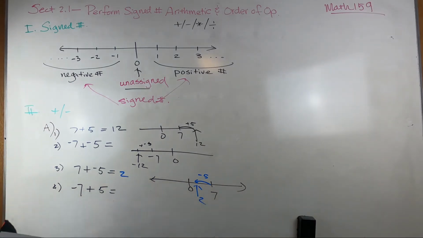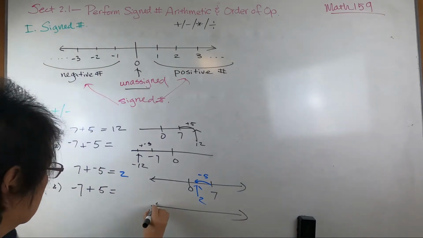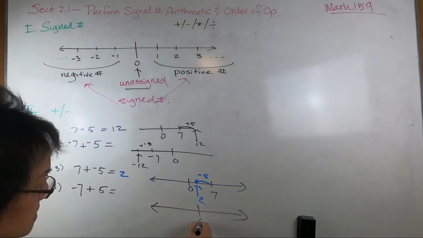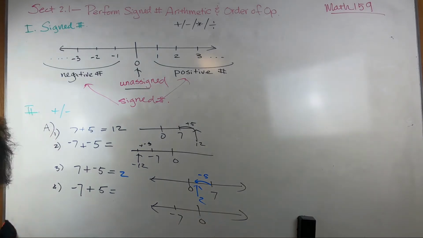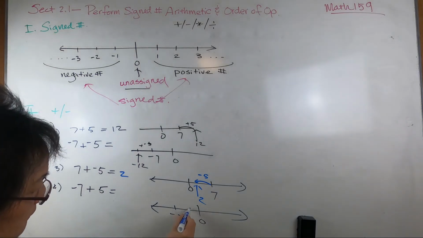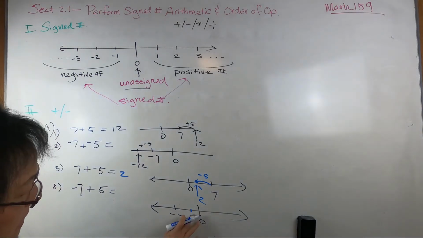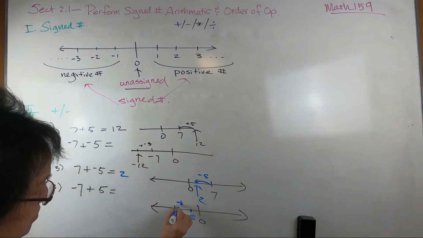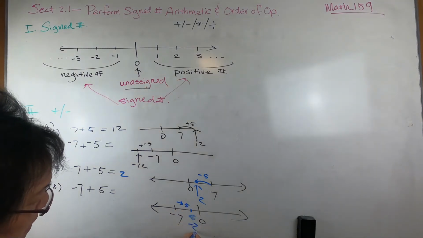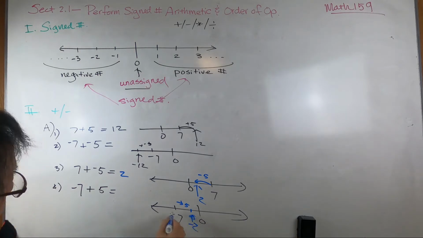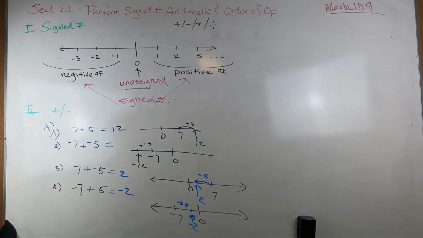At 2. Is that right? And if you are here, negative 7 plus 5. Negative 7 is here. Plus 5, you go right or go left? Then you go right 5 steps, 5 more steps this way. You end up on the left-hand side at negative 2.